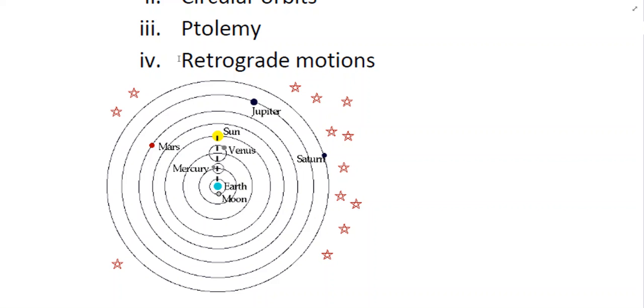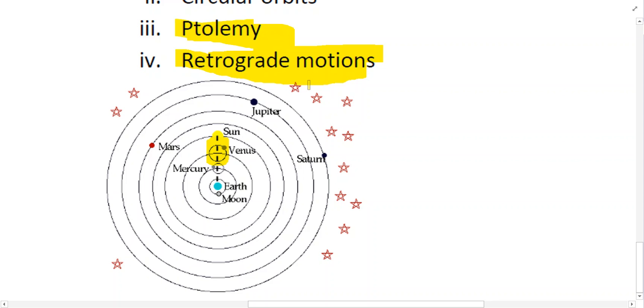So this was to explain something called retrograde motions. These circles within circles. The guy who first came up with these circles with the most advanced geocentric system was this guy. And you can pronounce that Ptolemy if you ever are trying to.